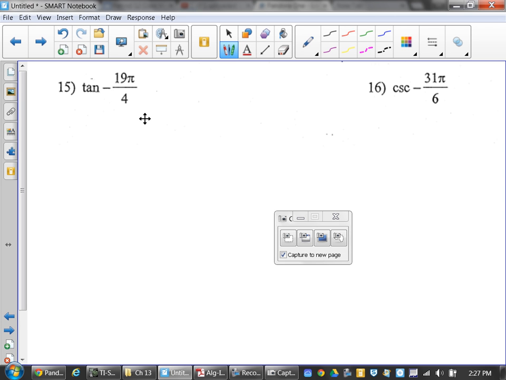Negative 19 pi over 4. It's a smidge less than 5 pi. Do you agree? Okay. So we count. 1 little, 2 little, 3 little pies, 4 little, 5 almost pies. So it's a 45 degree angle. That's a horribly bad 45 degree.